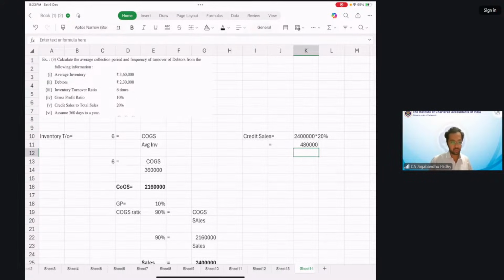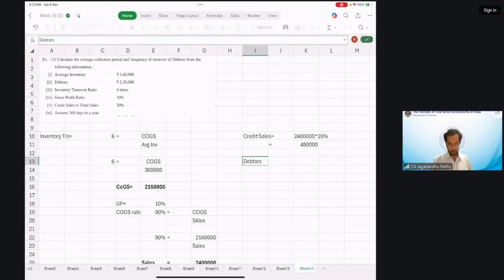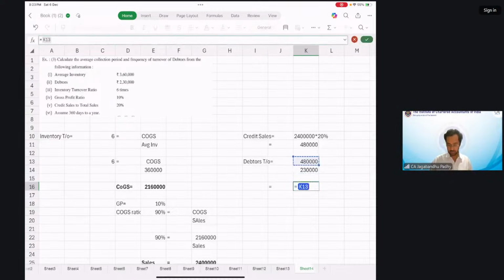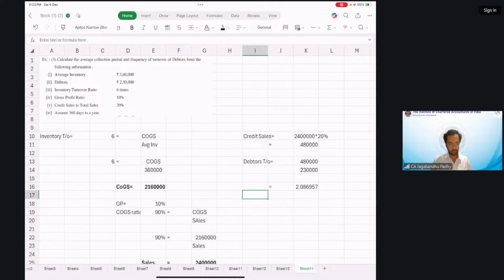And your debtors is 2,30,000. So debtors turnover is credit sales divided by debtors, which is 2,30,000. So debtors turnover is 2.09.